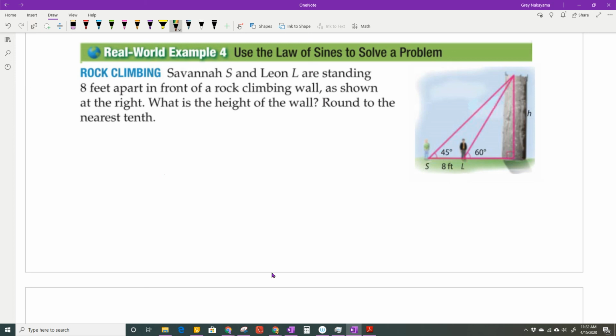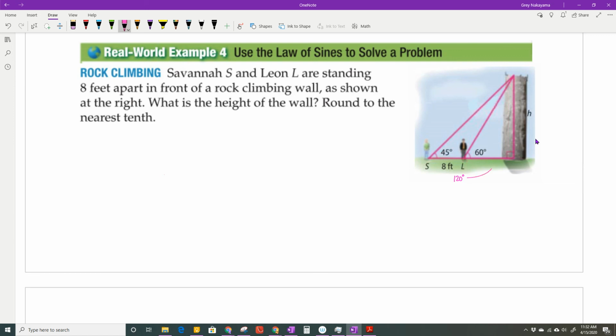So if I know that this is 45 and this is 60, more importantly, if I know that's 60, then you should be able to tell me the measure of this angle right here. And that is going to be, of course, 180 minus 60, which is 120.